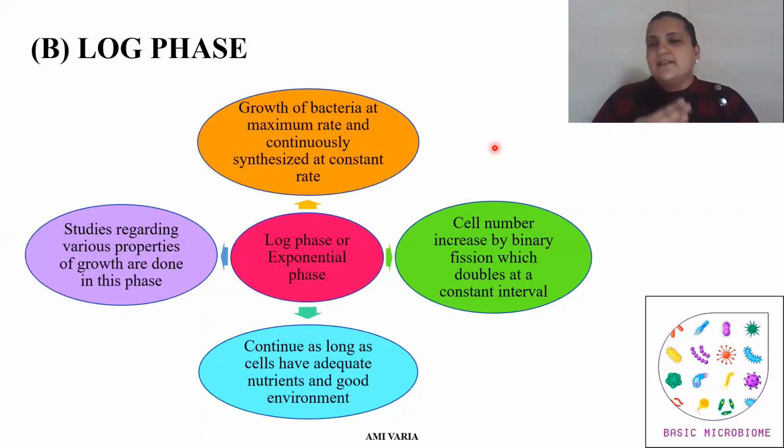Because of that, the pH of the medium decreases. The imbalance in pH also affects the growth of bacteria and the cell division activity. The fourth parameter: because of the rapid increase in cell number, the available space for growth of bacteria becomes insufficient.